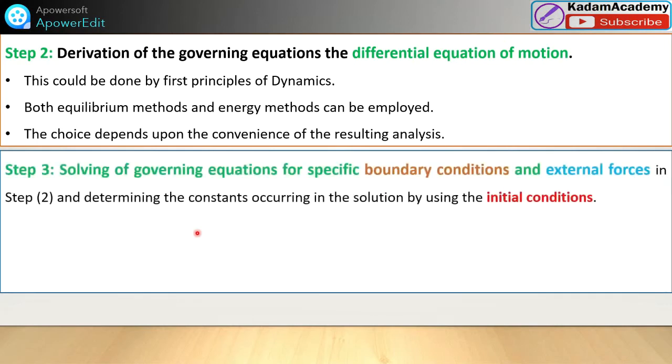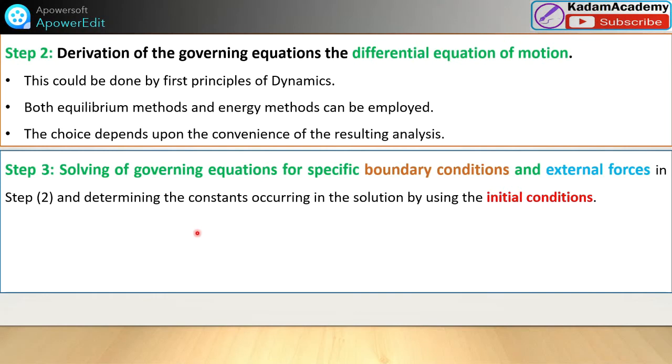The next step will be solving the governing equation for specific boundary conditions and external forces. In this third step, while solving problems in a vibration system with a high degree of freedom and complexity in the system, to solve the governing equation there are various techniques, like Laplace transformation, matrix method, or numerical method.